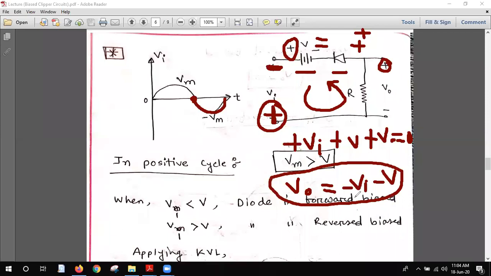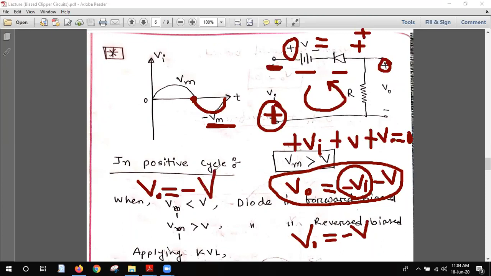When Vi equals 0, V output equals minus V. And when the top value is Vm, Vi equals Vm, at that time the output Vo equals minus Vm minus V, my students. So that is the output value for the negative cycle.